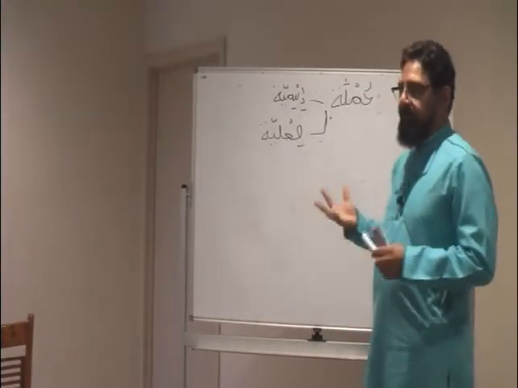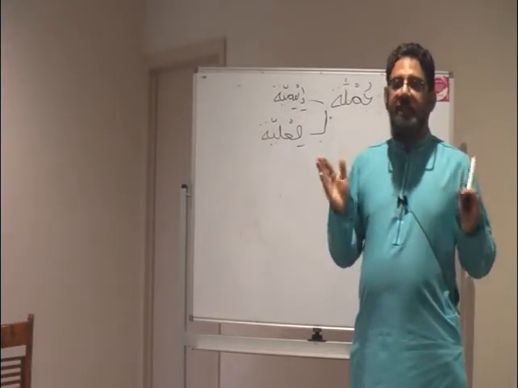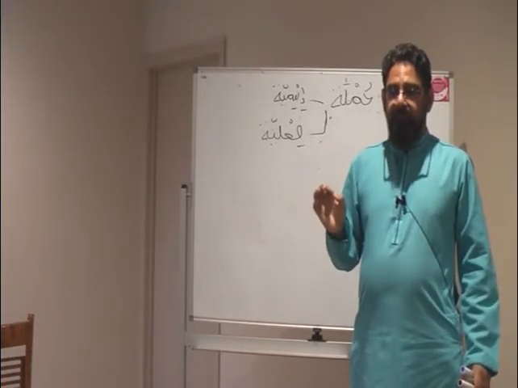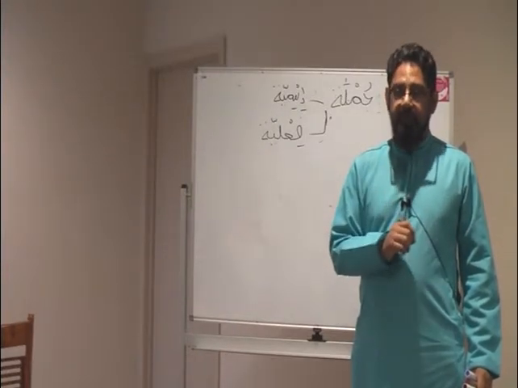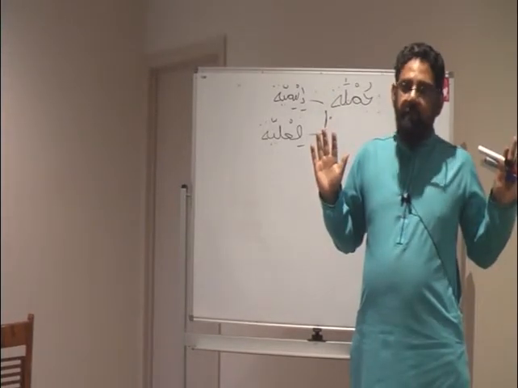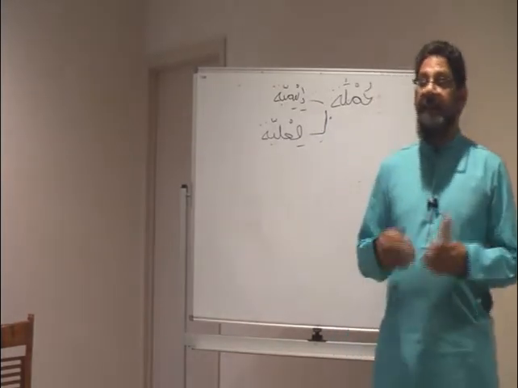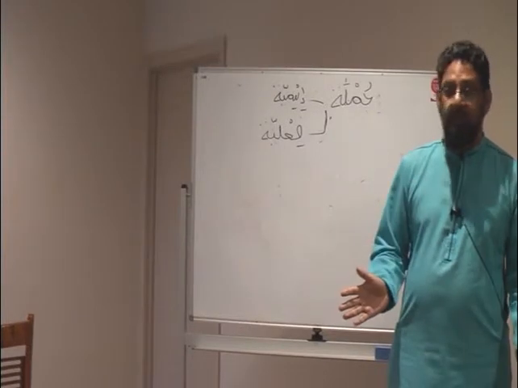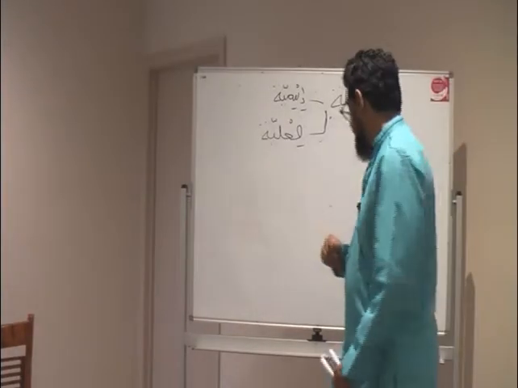So what does that actually mean in practice? When you read a sentence in Arabic, the word that it begins with dictates whether it's a nominative sentence or a verbal sentence. If the word starts with an ism, it's going to be a jumlatul ismiya. If the word starts with a verb, then it is a jumlatul fi'liya. That is basically the difference between the two. What does the word begin with?